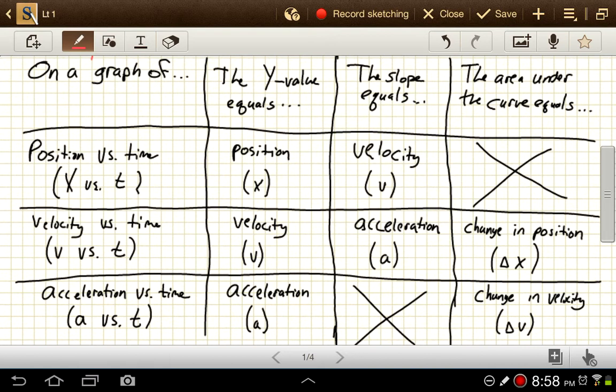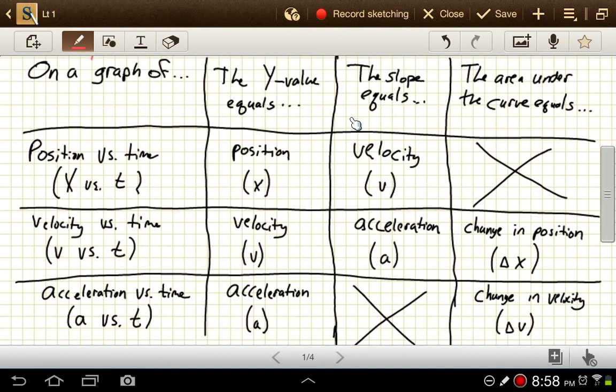As our object changes position, we'll see the y value change, and that'll happen over some period of time. So we're going to be moving to the right on the t-axis, the time axis here. So here the y value is equal to position.